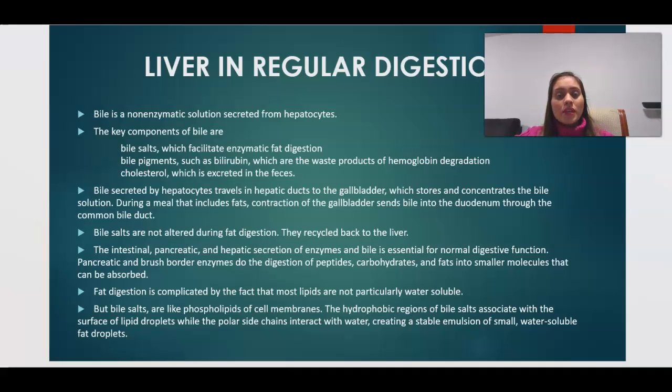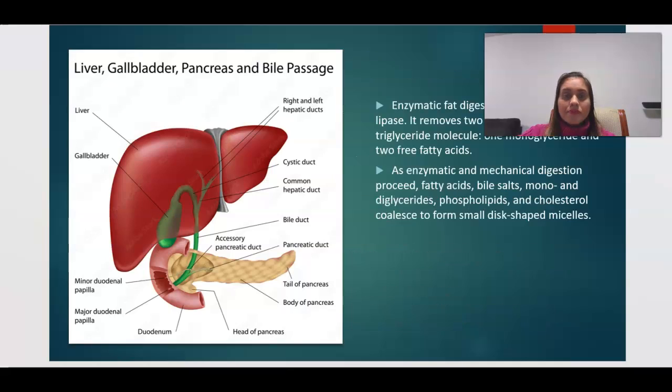Fat digestion is complicated by the fact that most lipids are not particularly water-soluble, but bile salts are like phospholipids of cell membrane. The hydrophobic regions of the bile salts associate with the surface of lipid droplets while the polar side chains interact with water. It creates a stable emulsion of small water-soluble fat droplets.